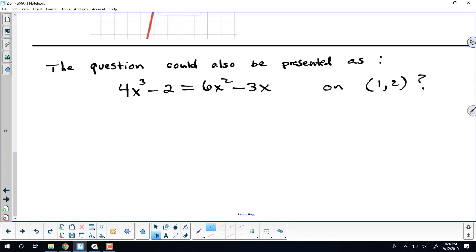So if you see one worded like this, really the most important thing is that you're placing all of your variables on one side. That's your f of x from that theorem. If you want to consider 2 as part of the function, that's fine, but for sure every variable needs to be considered part of that function.